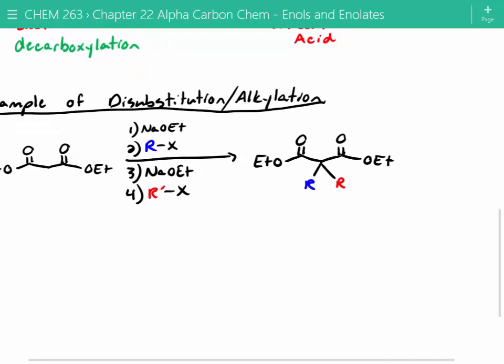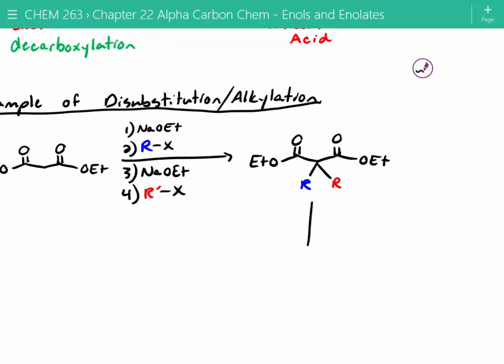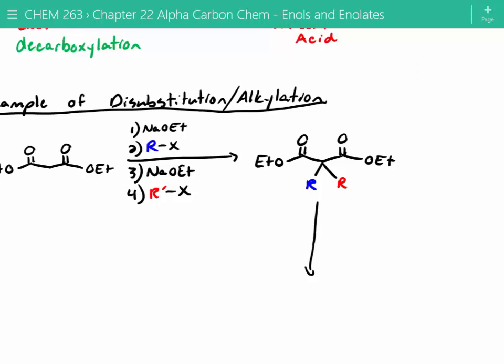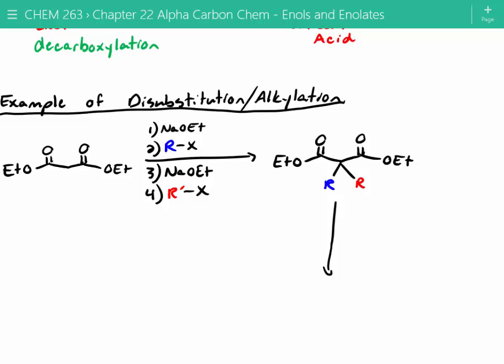And then in the next step, if you think about our previous synthesis, what do we need to add? We need to change the esters into carboxylic acids. What reagent did we use? Yeah, just an acid, right? So H3O plus. And then how did we drive off the CO2?